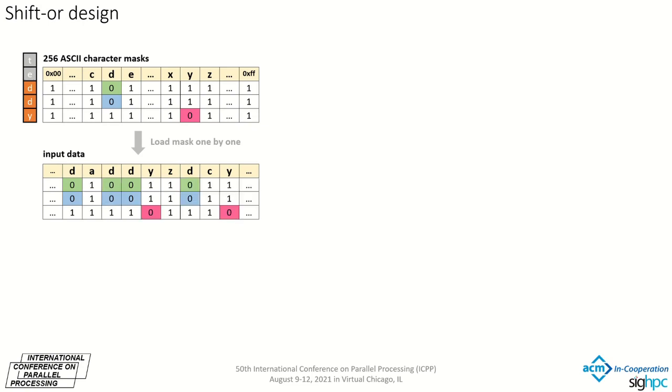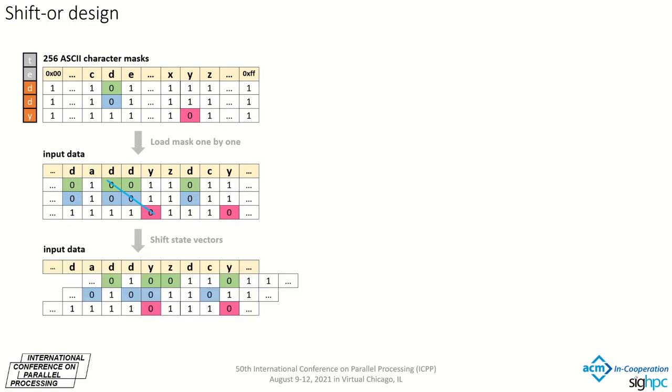According to the input, we get the state vector of the string one by one. After loading, we can find a blue line which indicates a match. Then we can shift the state vector to get the matching position.